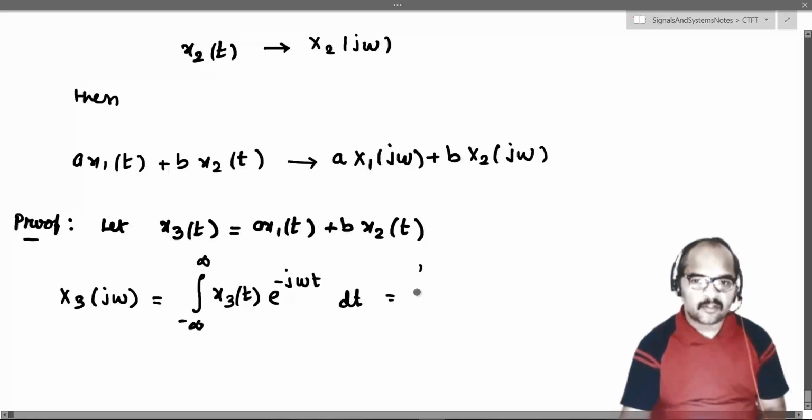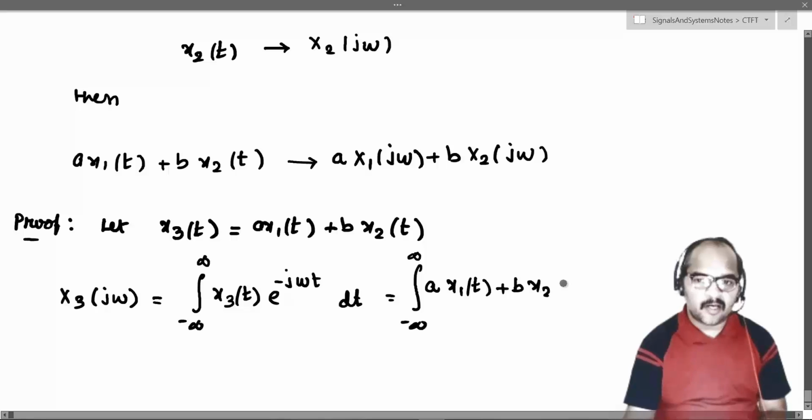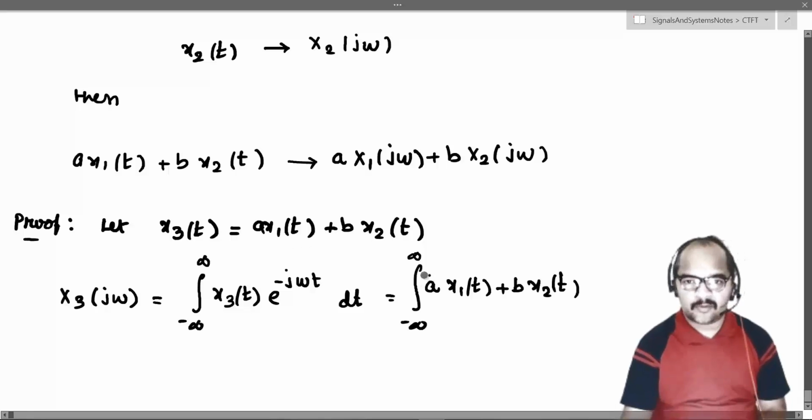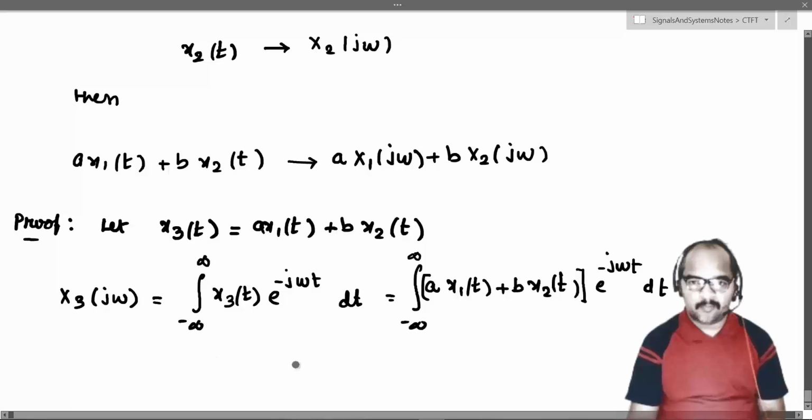This is equal to the integral from minus infinity to infinity of a x1 of t plus b times x2 of t, since we assumed x3 of t to be a x1 of t plus b x2 of t, multiplied with e power minus j omega t dt.